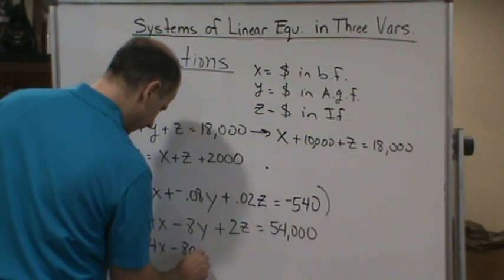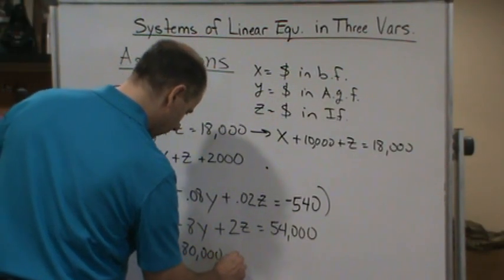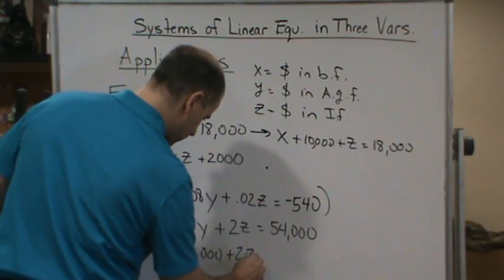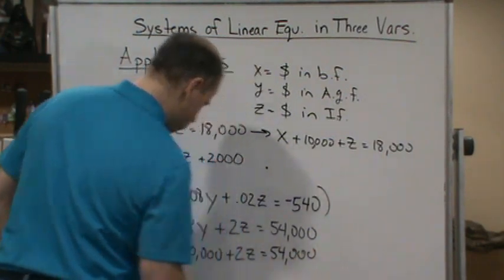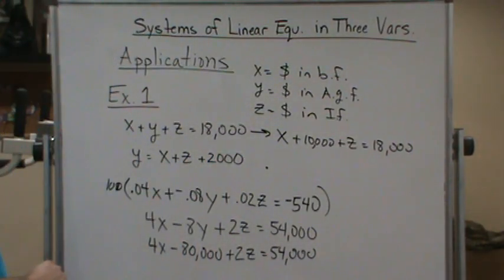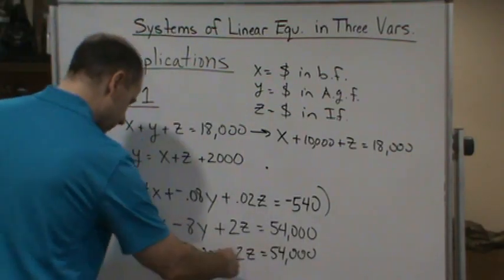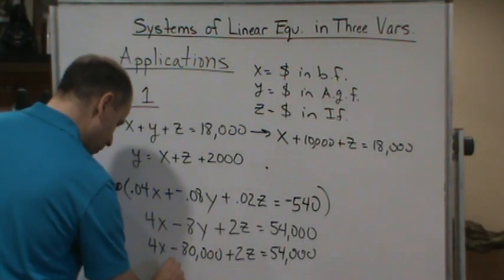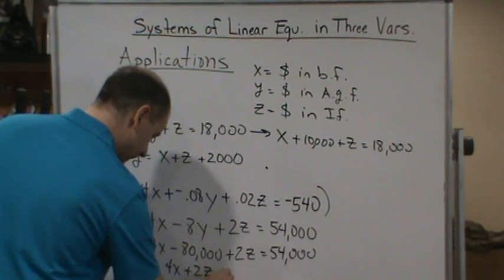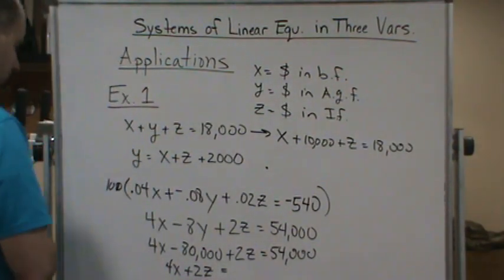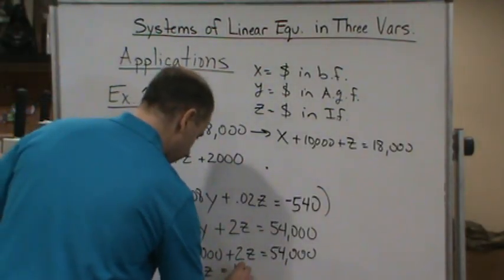So we'll get 80,000 plus 2z equals 54,000. And then if we add 80,000 to both sides, we get 4x plus 2z equals 134,000.